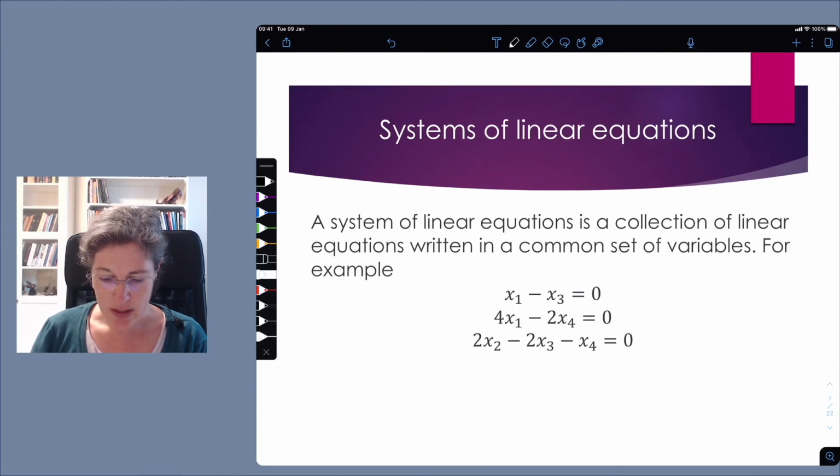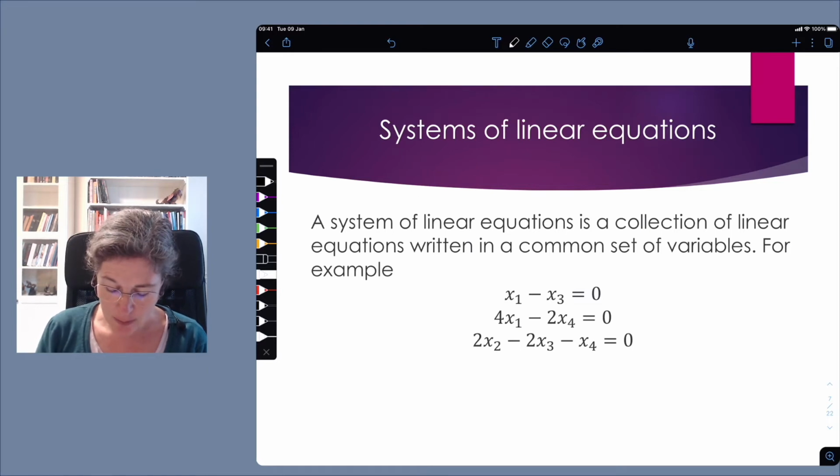And surprise, surprise, a system of linear equations is just a collection of linear equations where each equation uses a common set of variables. We've already just seen from the equations that we had back there, here we have a system of linear equations.